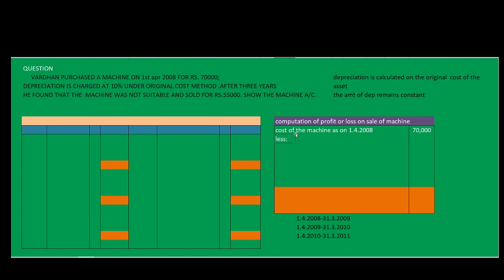Next we have to deduct the depreciation amount at the end of the financial year, so depreciation as on 31st March 2009. How much is the depreciation? Look at this percentage, 10%. Every year the firm has decided to depreciate the asset value by 10%.